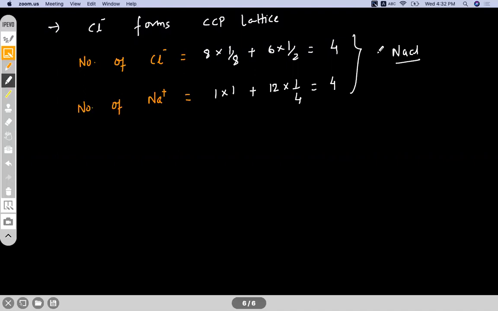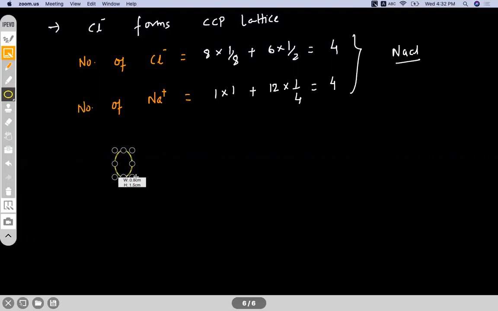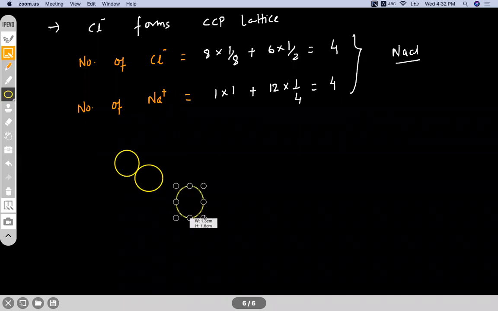Okay, that's one thing. Now, if you look at the positions of all these ions, suppose all these are Cl minus, right? It is present here, diagonally opposite. This is Cl minus, and here also we have 2 Cl minus.